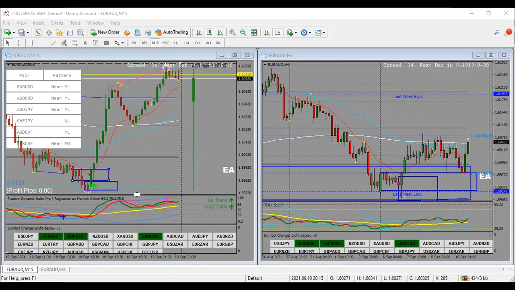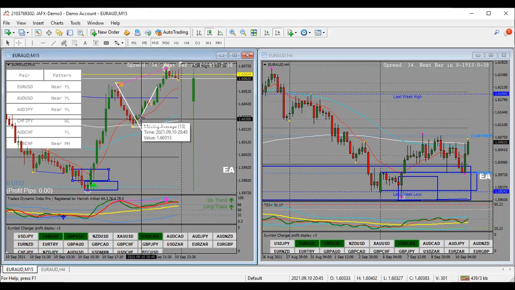How about if we missed the first one on M15? Can we enter again? Yes, if you miss the first one on M15, you can enter using a trend line break. You draw it like this, and as price trades above, you enter and your stop loss is going to be here, on the low. So after a retracement, we make a trend line.